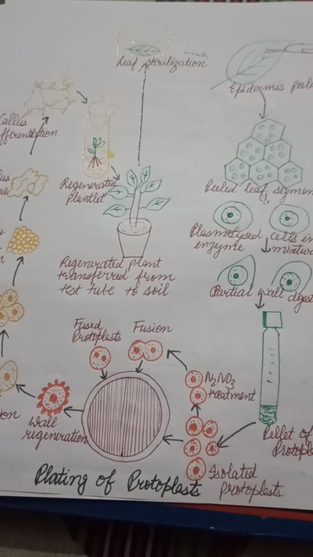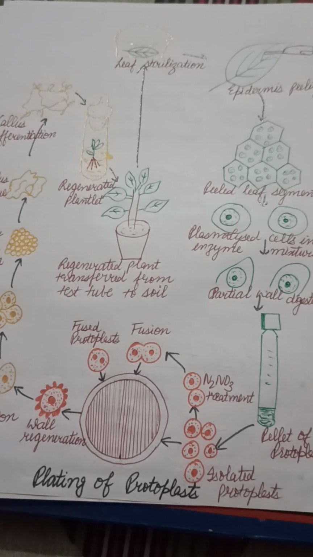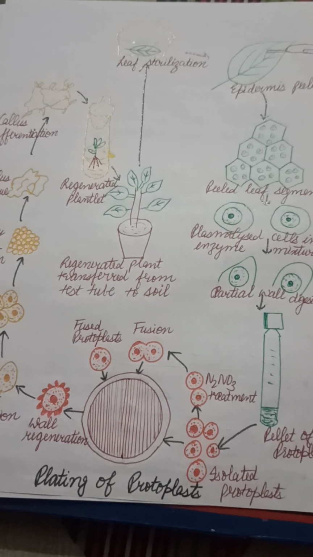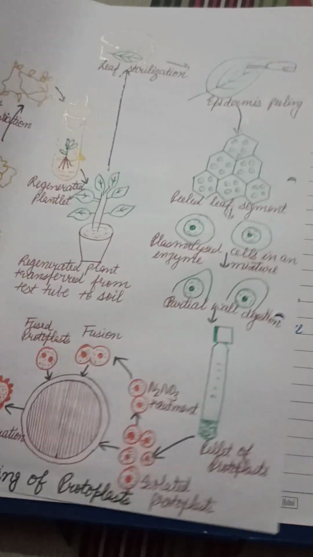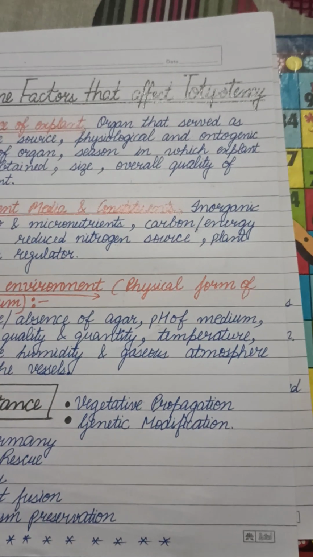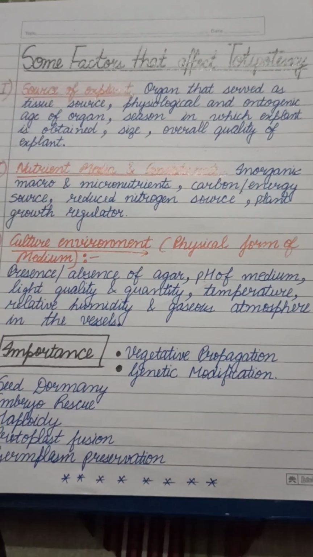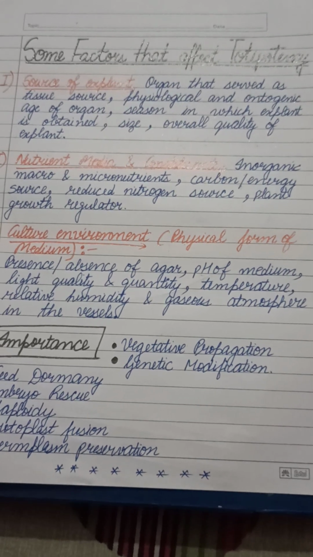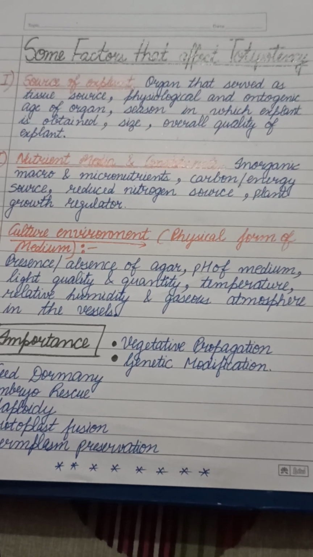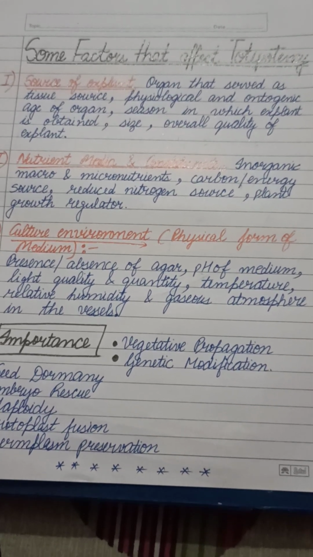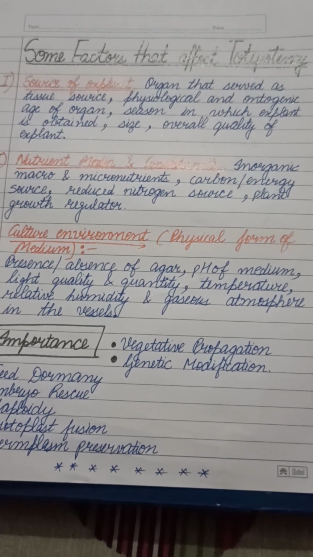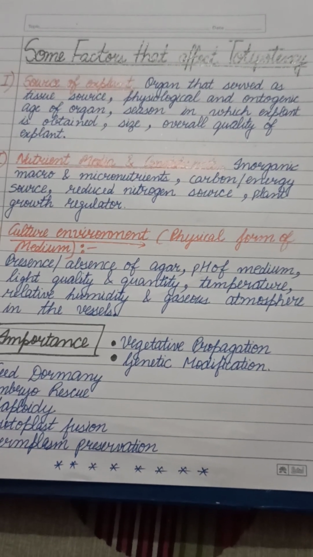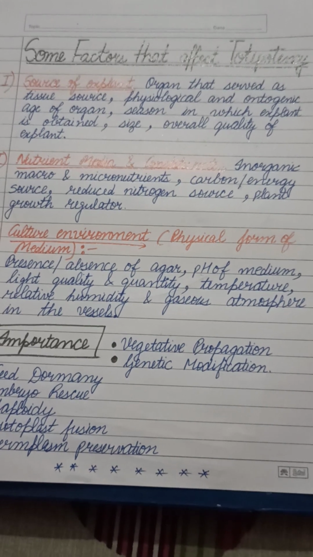And this process is repeated many times. Then some factors that affect totipotency. Source of explant: organ that served as tissue source, physiological and ontogenic age of organ, season in which explant is obtained, size, overall quality of explant.